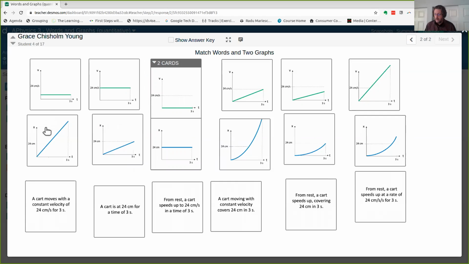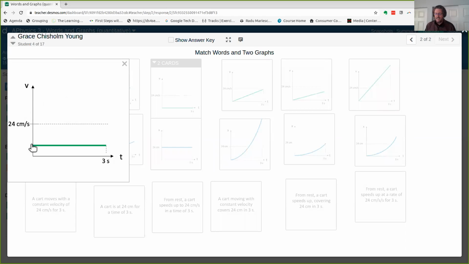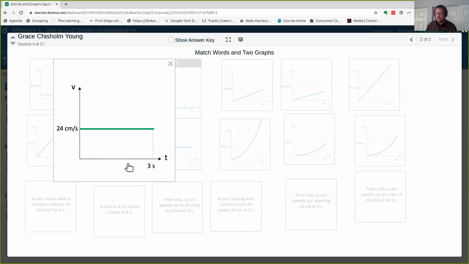Okay, now let's think about these two. So this one shows a velocity that's less than 24 for 3 seconds. This one shows a velocity that is 24 centimeters per second for 3 seconds. So this one's going to go 24 centimeters in 1 second, 24 in the next second, and then 24 more in the third second. That's going to go 24 times 3, 72 centimeters in 3 seconds.